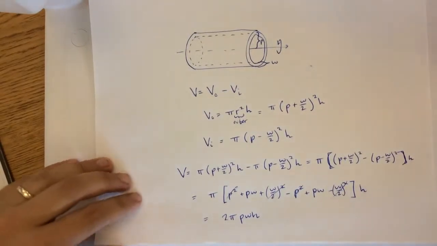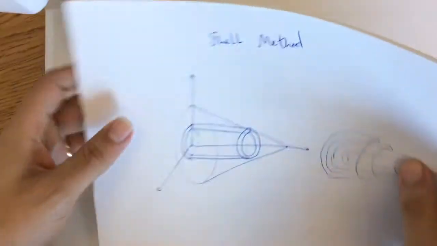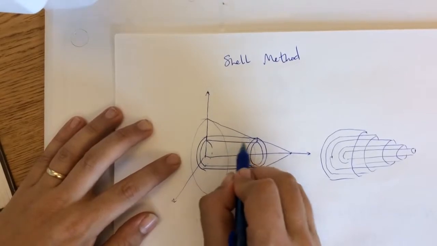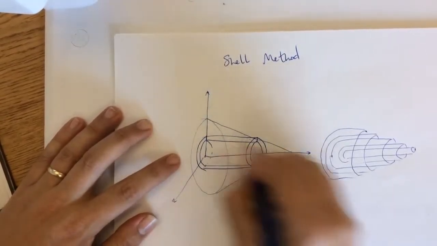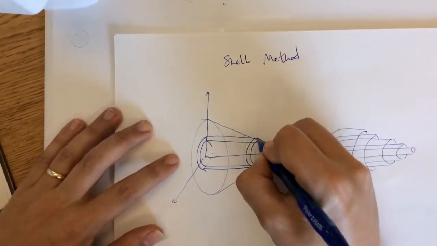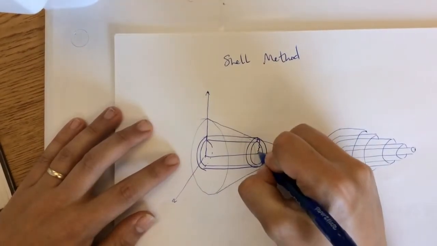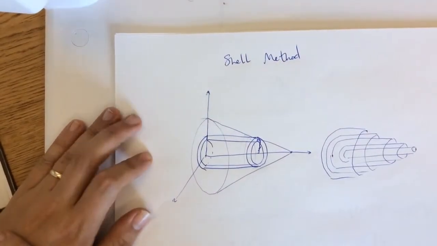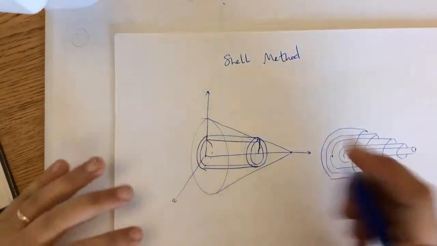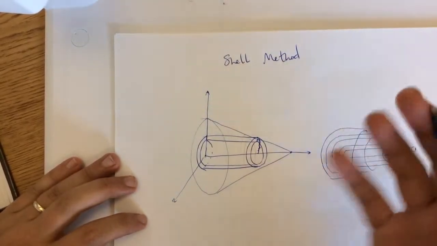Now, considering that back in the context of our function. Since our representative rectangle is horizontal, we're going to need to consider this as a function of y and not a function of x. The radius p is going to be a function of y. We'll call that f of y.